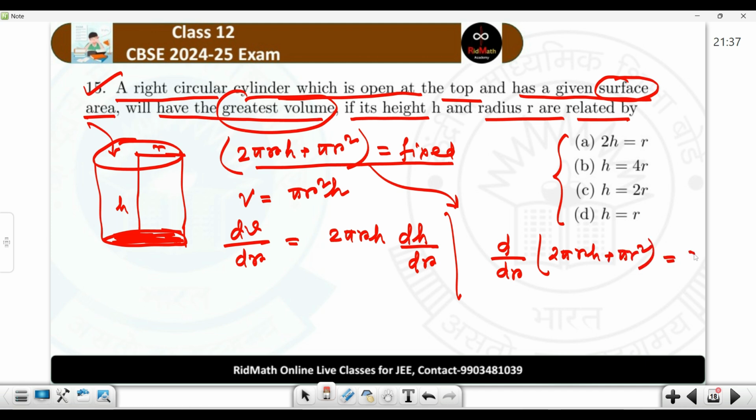The derivative of this fixed value, fixed means constant, is equal to 0.